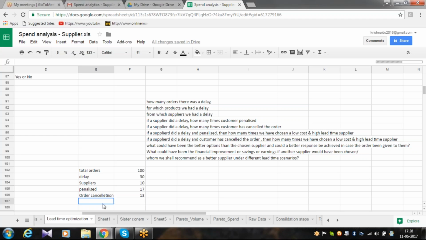Per time penalization, which will differ in real time, is suppose 2000 rupees. So I had a loss of 2000 into 17, almost 34,000.